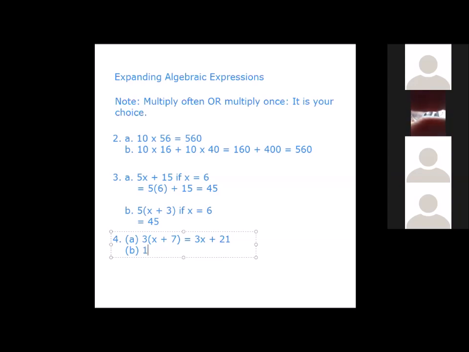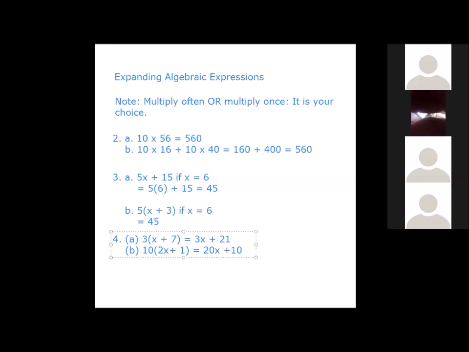This time, letter B, 10 times 2x plus 1. Again, 10 parenthesis 2x plus 1. So the terms are 2x and 1. So multiply 10 by 2x. 10 times 2x is 20x. 10 times positive 1 is 10.